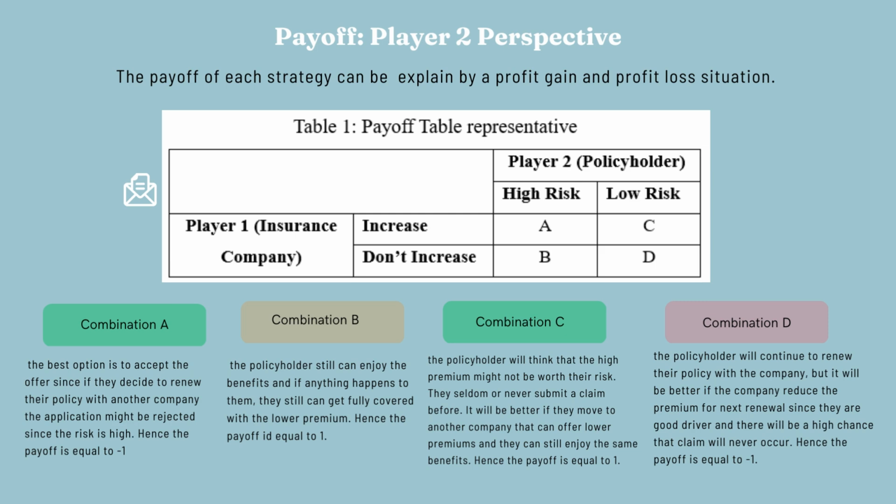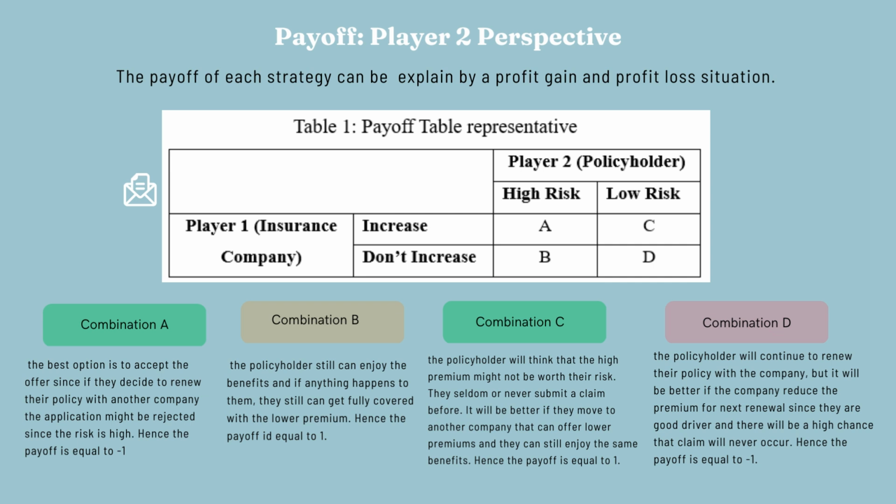Looking into combination D, when the policyholder is low risk, but the company doesn't increase the premium. This is what's going to happen: most of the time the policyholder will continue to renew the policy with the company, but there's a but there. The premium is not increased, so they will renew, but it would be better if the insurance company reduced their premium due to the low risk.